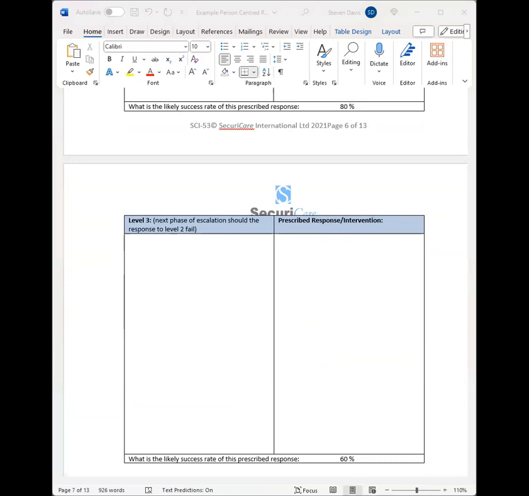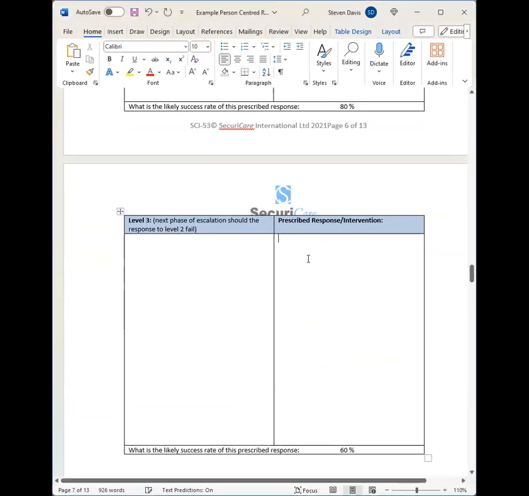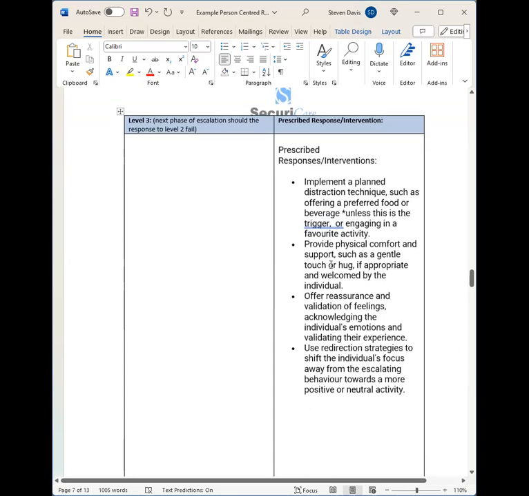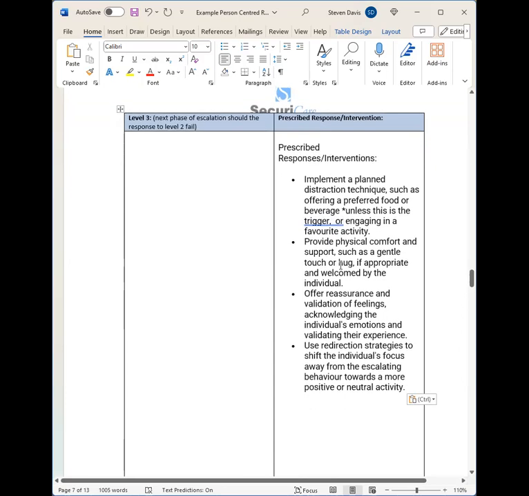So at the level 3 response, again, what does that look like? And here we can then look at some of the strategies we need to consider. And again, here, some of your prescribed responses may be, you know, a proper planned distraction technique where you know that there's a favorite food or drink. It may be a physical comfort, such as a gentle touch.